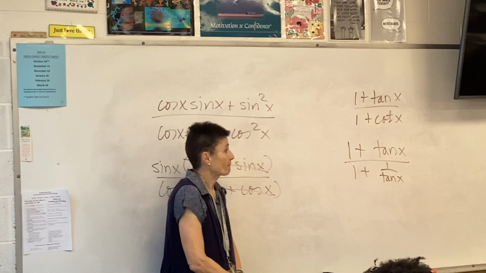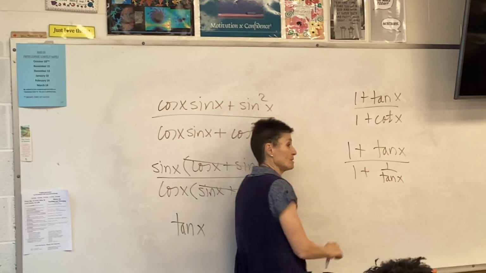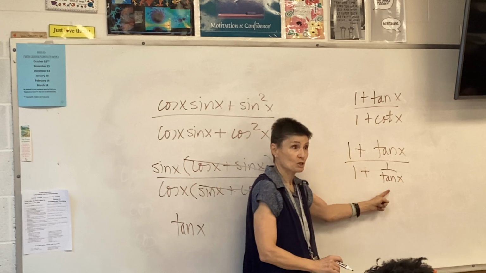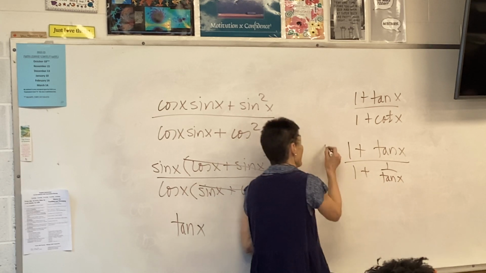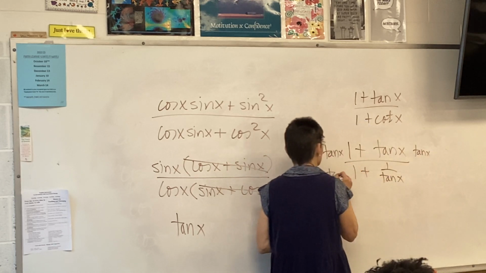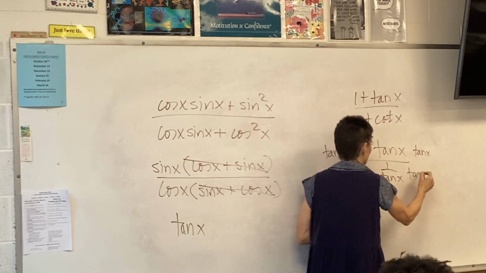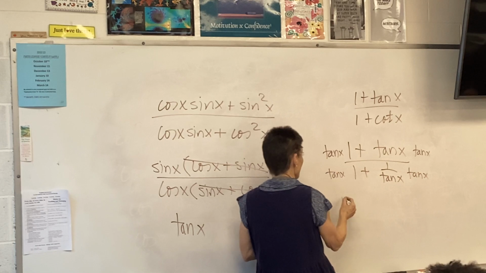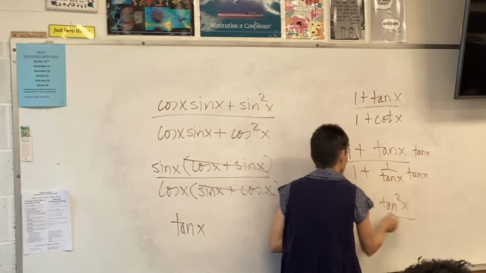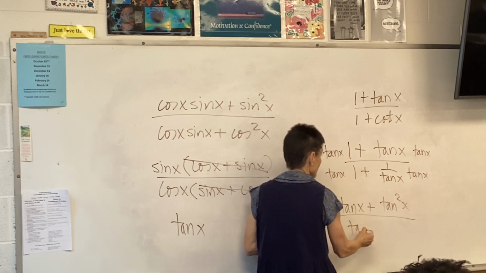Again, that's a complex fraction. The only denominator is tangent, so I'm going to multiply everything by tangent. And I'm going to be left then with tangent plus tangent squared over tangent plus 1.